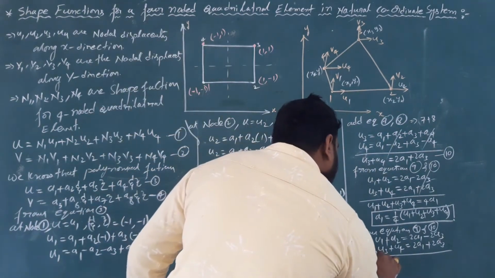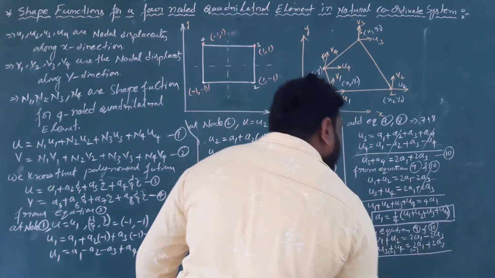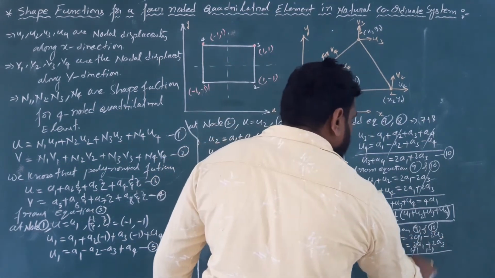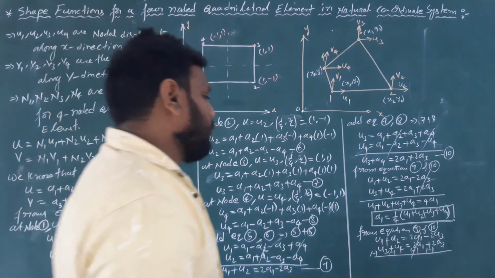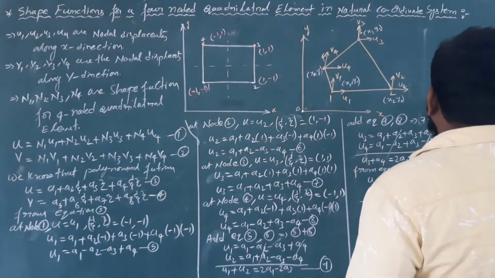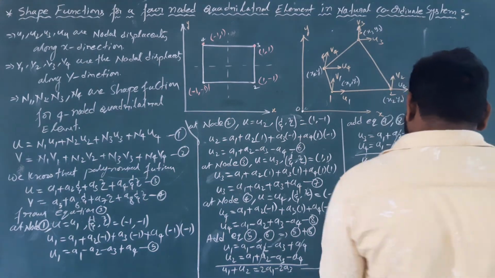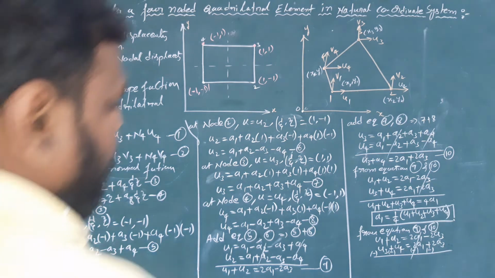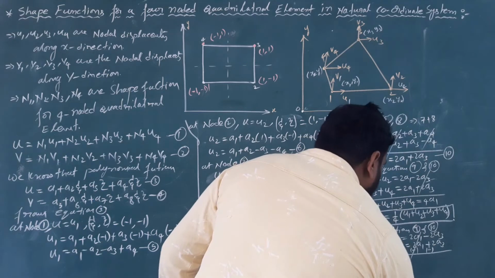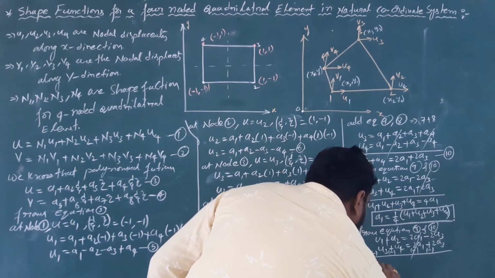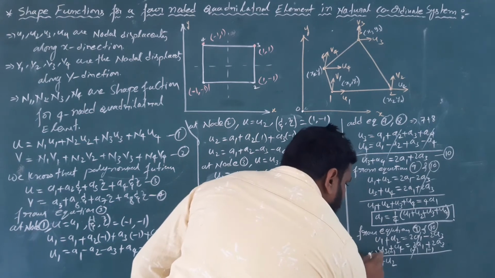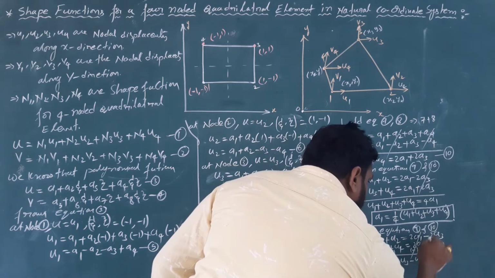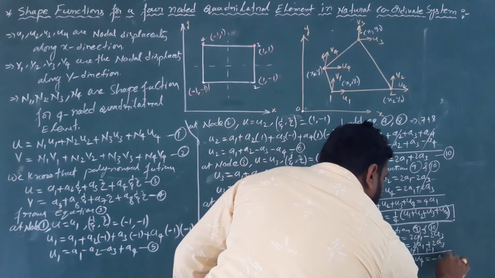Here the two 2a1 terms cancel. So we will get u1 plus u2 minus u3 minus u4 is equal to minus 4a3.